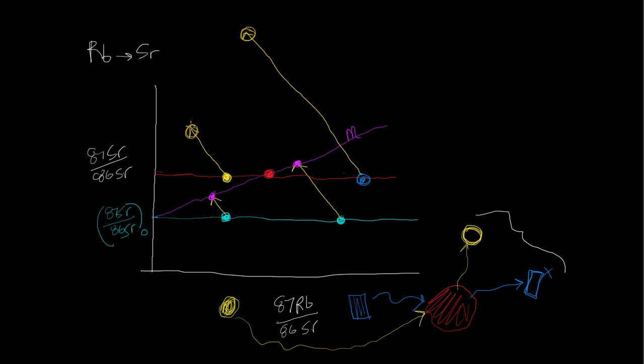So these two different minerals, after another period of time, reach isotopic compositions which can be plotted as these two orange dots. And once again, we can use the idea of an isochron to connect those two compositions with a line. This is the line now.